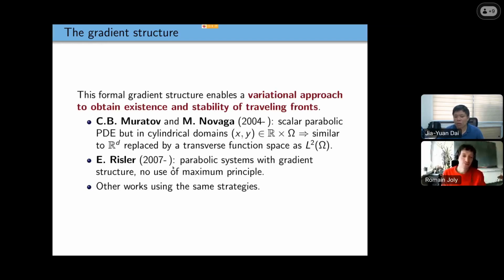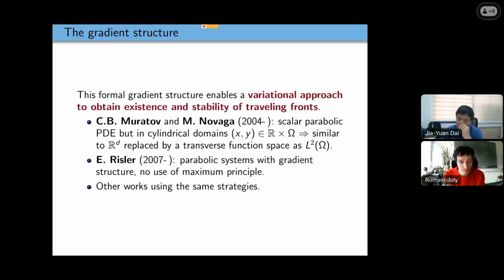And another group of people are working with Emmanuel Risler. He's working really on parabolic systems. So there you really cannot use the maximum principle. There is no maximum principle. And so this powerful tool, which gives you a lot of information in the scalar parabolic equation, you cannot use it anymore.